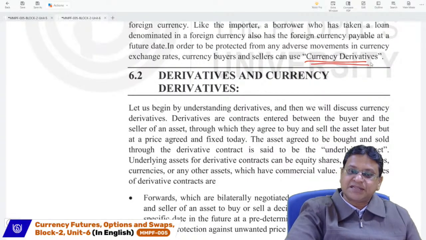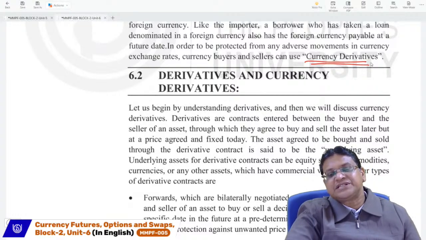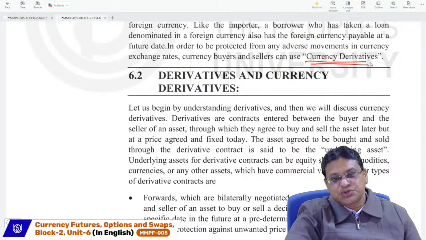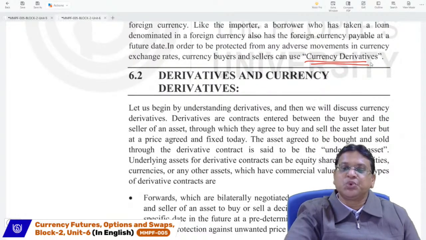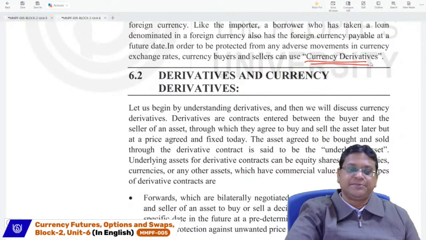So in today's class we will discuss details regarding currency derivatives: what currency derivatives are, how they are used, what the varieties of currency derivatives are, and where they are purchased and sold.